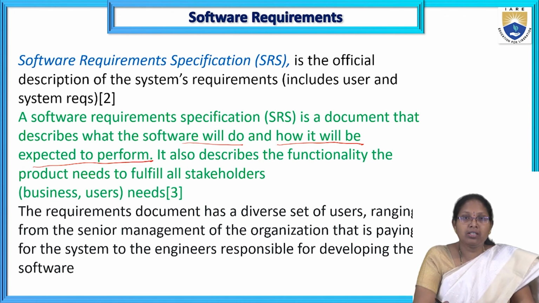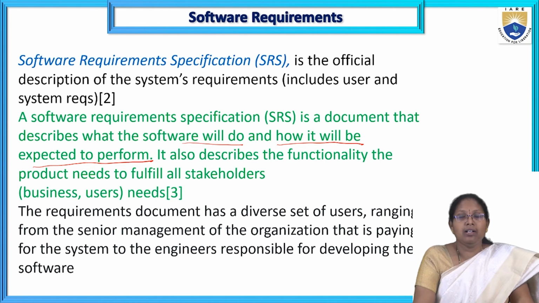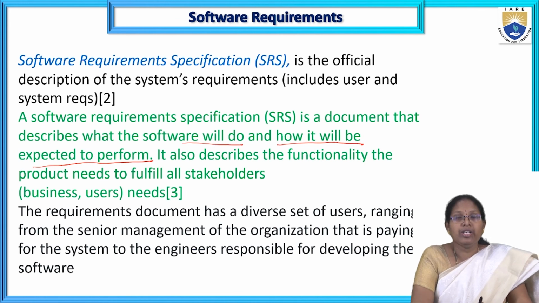Once the SRS document is complete, the requirements process is over. By seeing this SRS document, the next phases like design as well as implementation, and all the people involved in the implementation phase, also study this SRS document and can go forward.